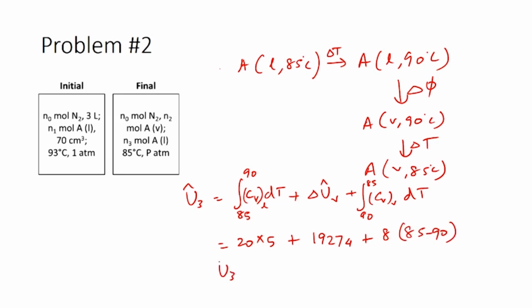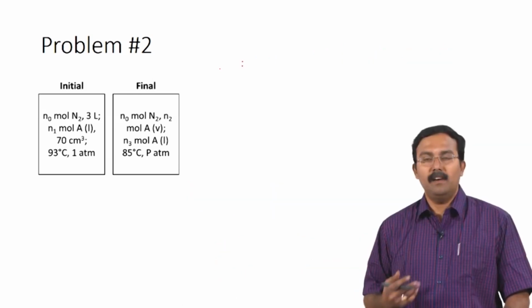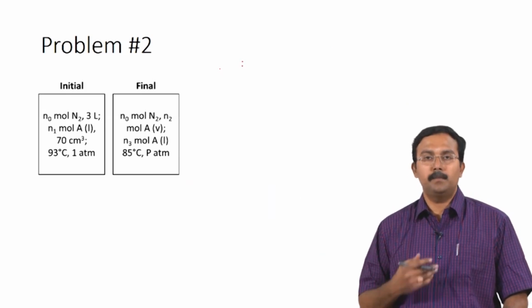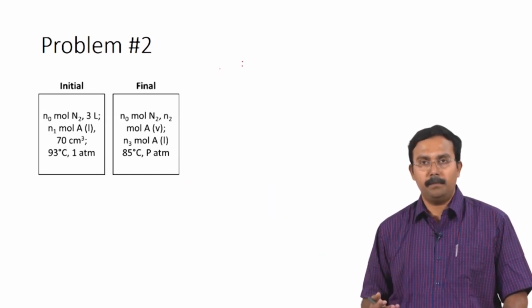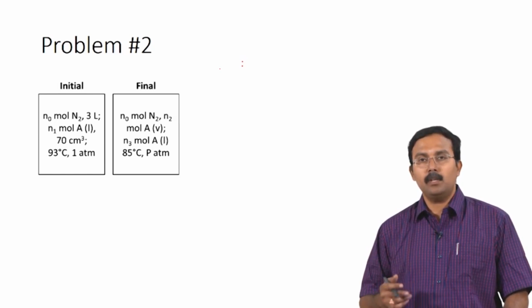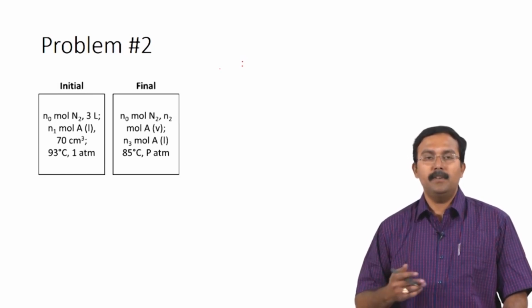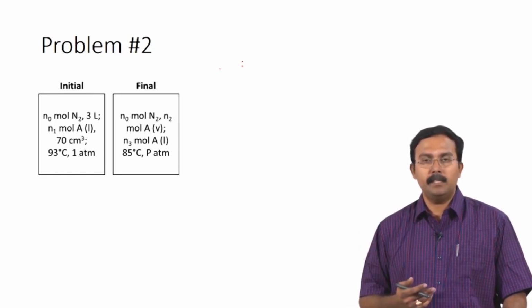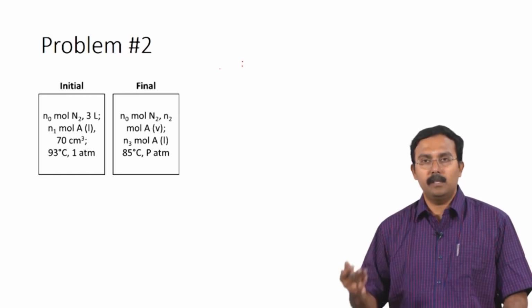So, this U3 cap would be equal to 19,334 calories per mole. These values can be plugged back into the specific internal energy table which we prepared, and we can calculate the total change in internal energy and fit it back into the general energy balance equation, which states delta U equals 0.